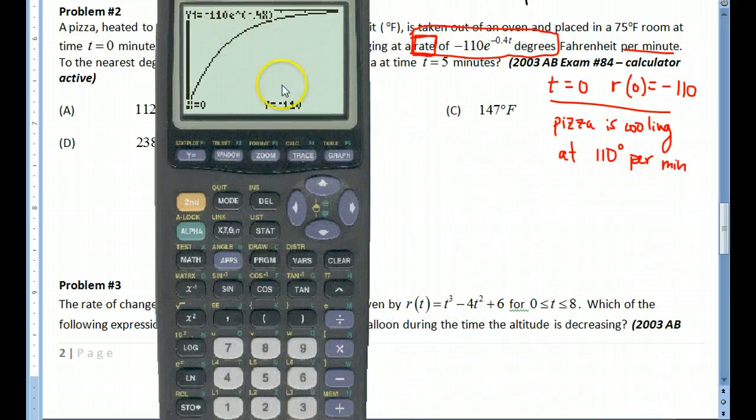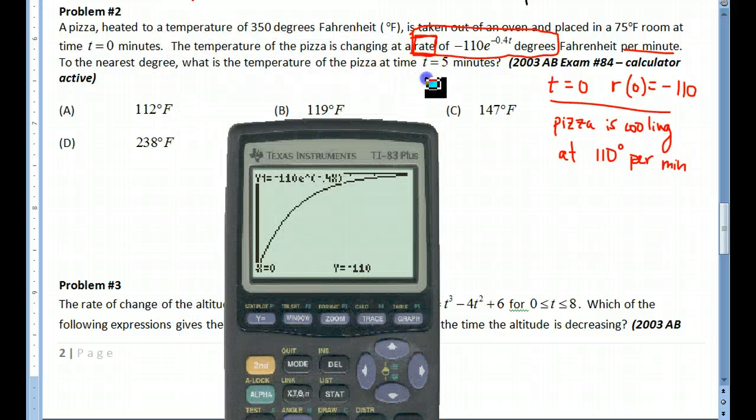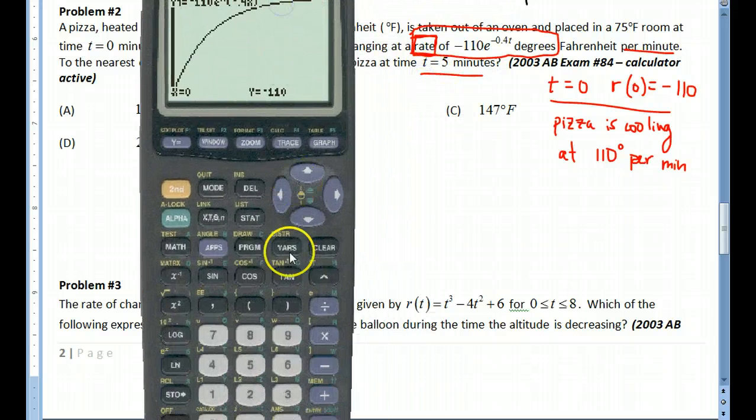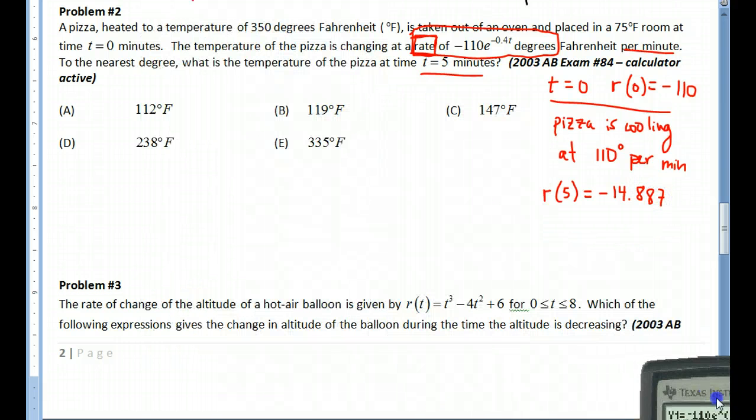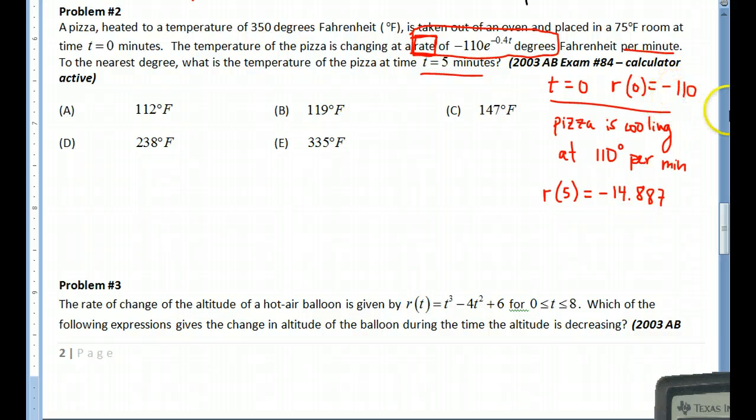And let's say, because we're interested in 5 minutes, at 5 minutes, what does this mean? R of 5. At 5 minutes, it's a rate of 14.8. Why do you think that is? So how come it's cooling faster at the beginning than at 5 minutes?